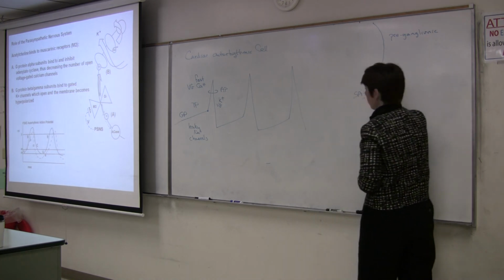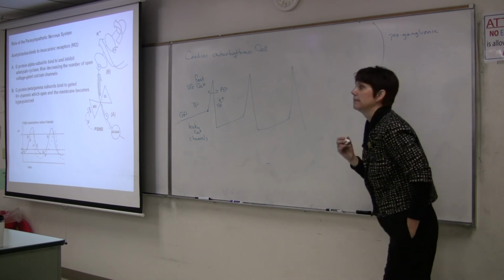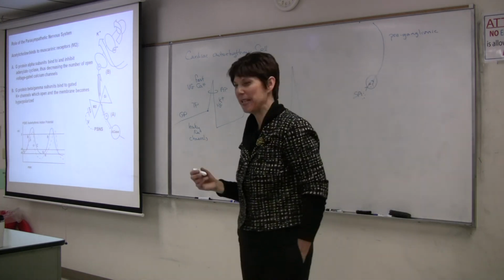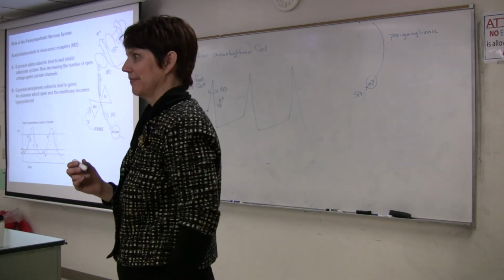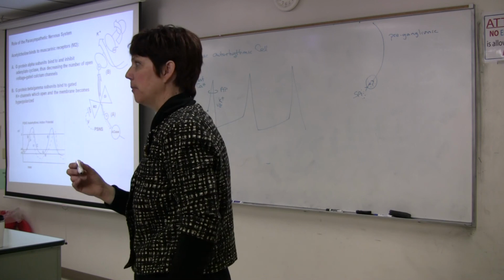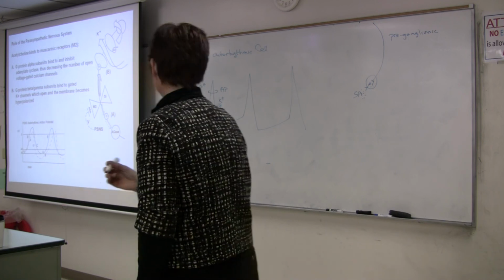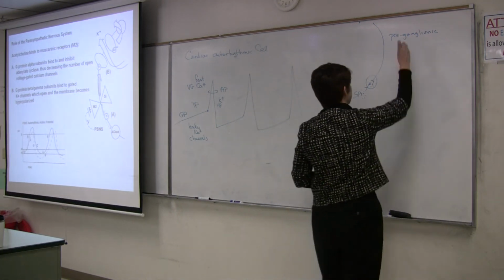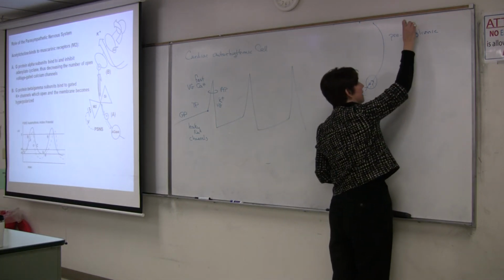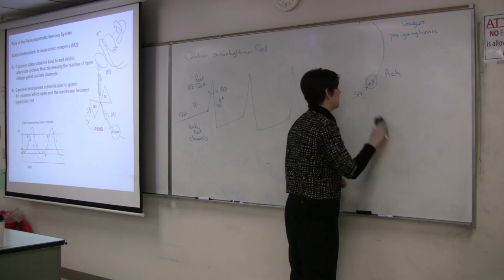So in the ganglion, well, first of all, what nerve is that? What nerve carries parasympathetic to the heart? Vagus. Back on familiar territory, okay? No more pelvic and sacrosplanchnics for a while. So vagus nerve. Acetylcholine here. Let me draw this a little bit bigger.